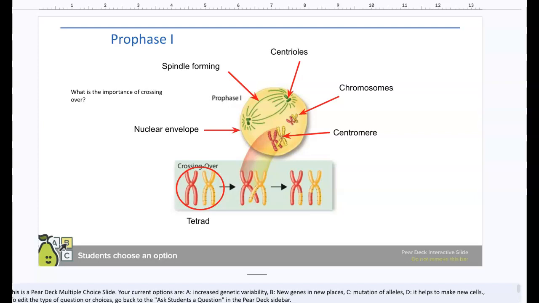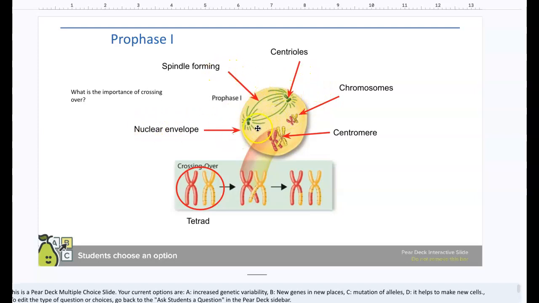In prophase 1, once again, the nuclear envelope has dissolved, and you can actually see your duplicated chromosomes because they have condensed into chromosomes. They are joined in the center by a centromere, and we have the centrioles and the spindle forming.